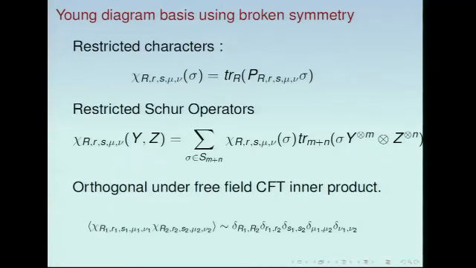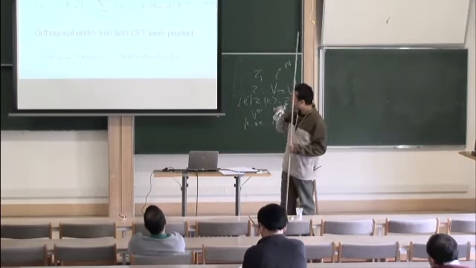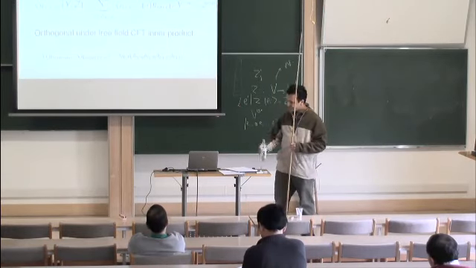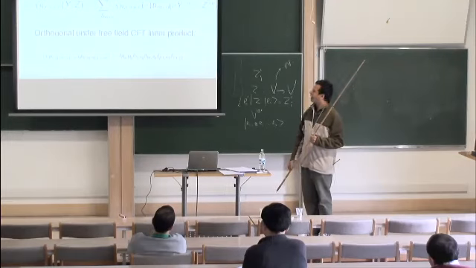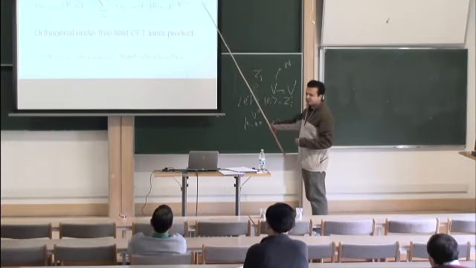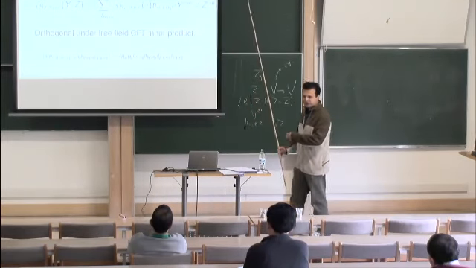Is that quarter or non-BPS? That's right. Are there also 1/8, 1/16? You could have all that, but if I'm looking at the sector of Z's and Y's alone, then you have half, quarter, and so on. So what do you have to do to consider 1/16, for example? Then you would include derivatives of Z's and F mu nu's and stuff like that.